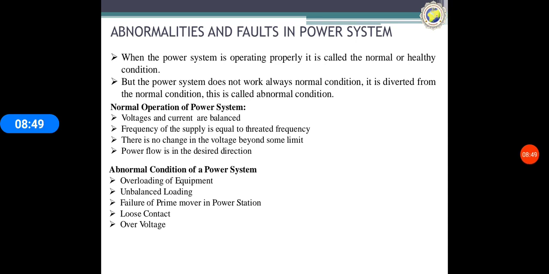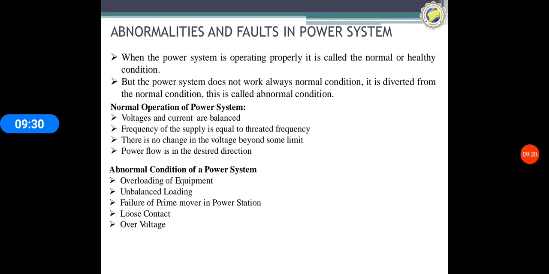So what is the normal operation of a power system? In normal operation, the voltage and current are balanced. It means the three phase voltages are equal and the three phase currents are almost equal. Almost, because in three phase systems every phase may consume different load or power.